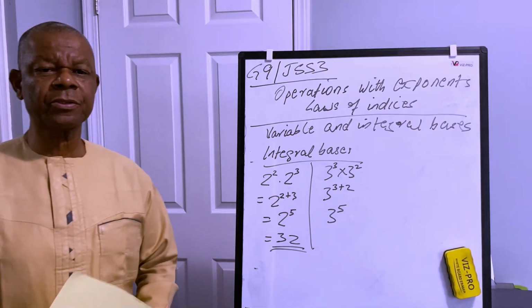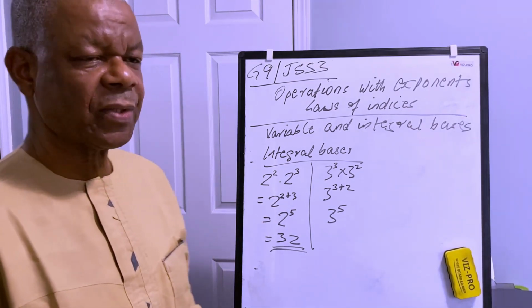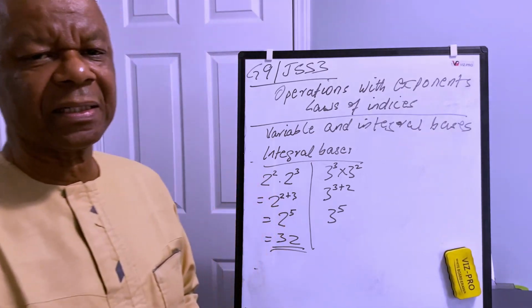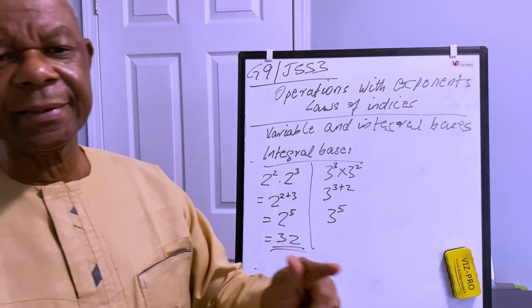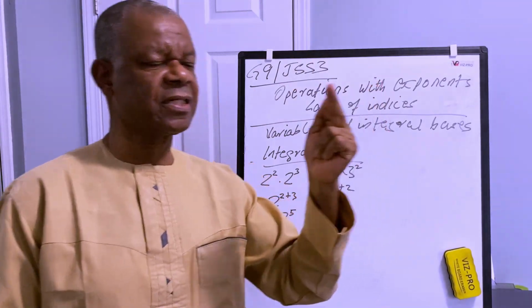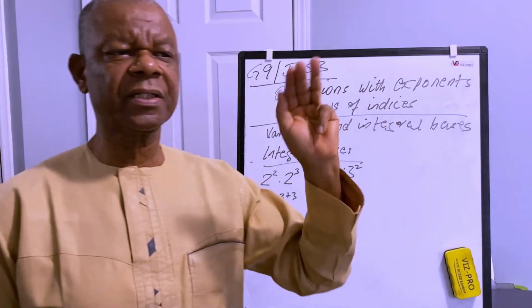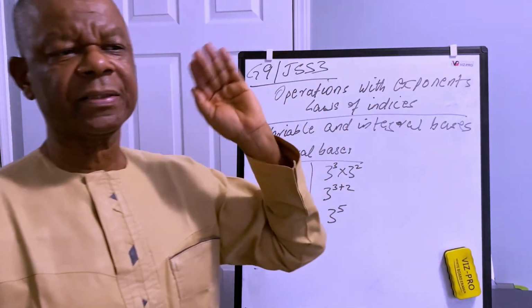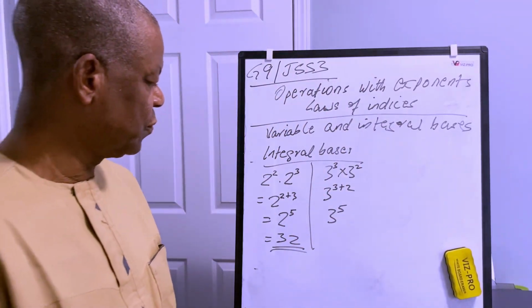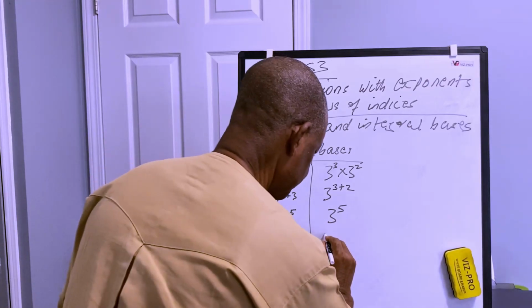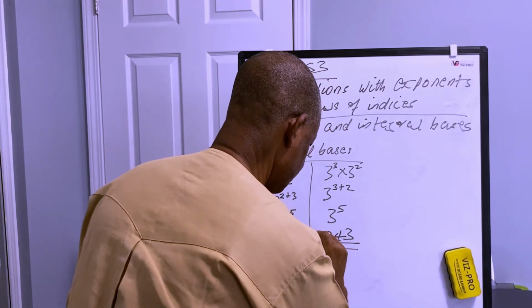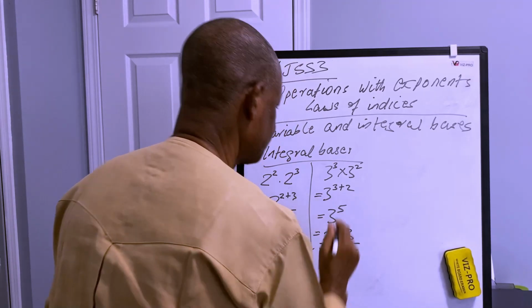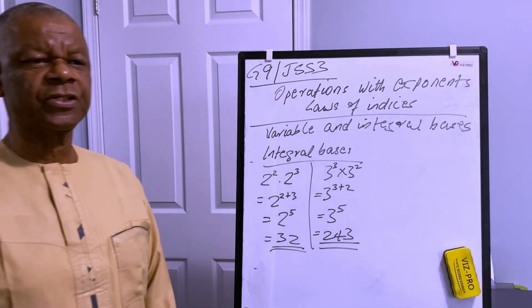This is also a manageable number, and we can handle it without a calculator. 3 times 3 gives us 9, 9 times 3 is 27, 27 times 3 gives us 81, and 81 times 3 gives us 243. That is for integral bases.